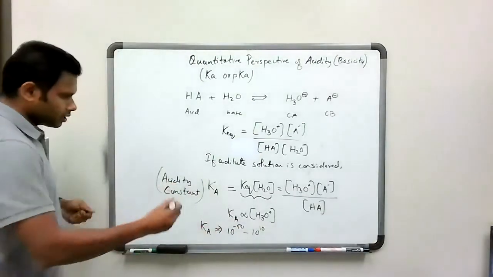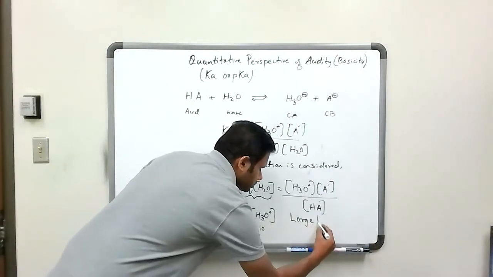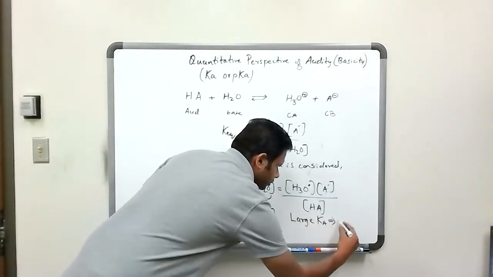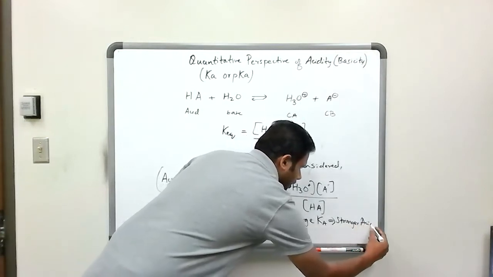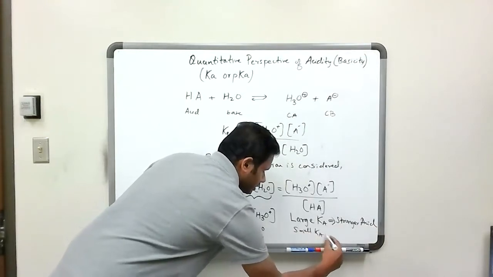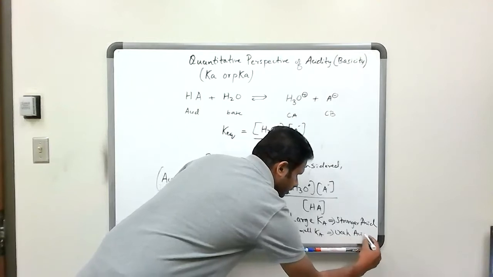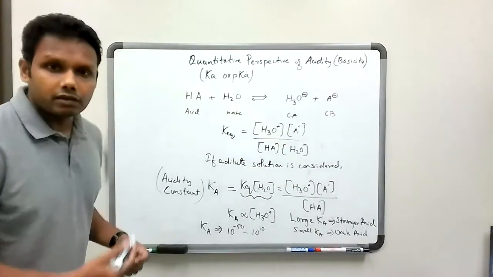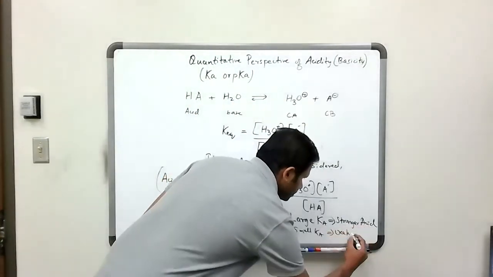Now the question here is, when the concentration of H3O plus is higher, Ka would be larger, and a large Ka would mean a stronger acid. A small Ka would mean a weak acid, or rather a weaker acid, because this is a relative term.